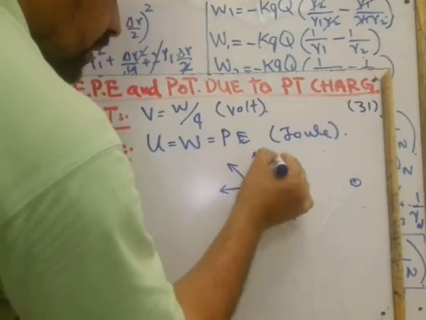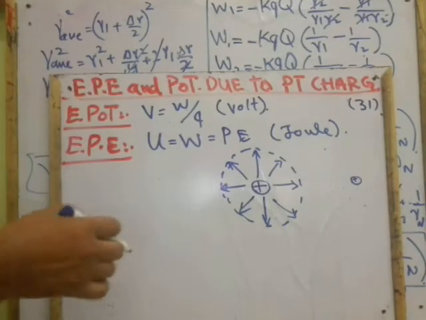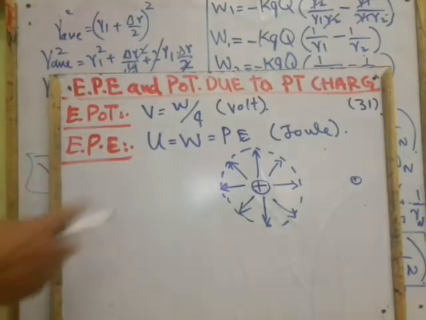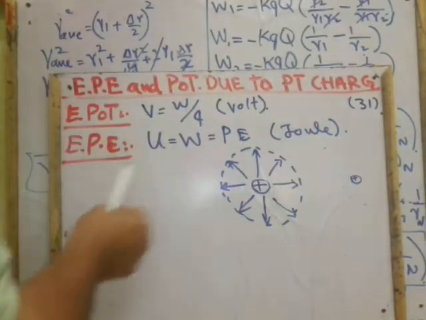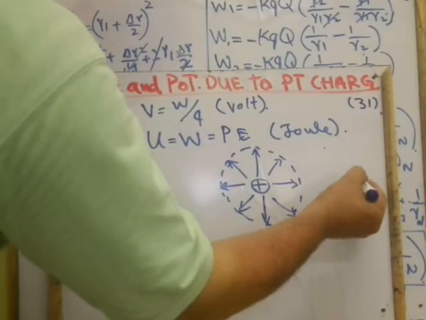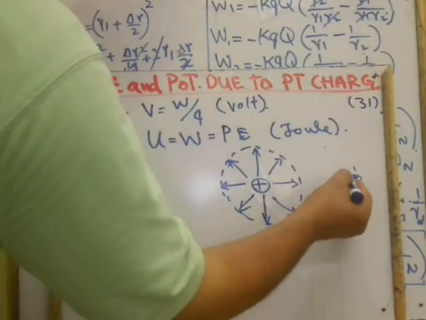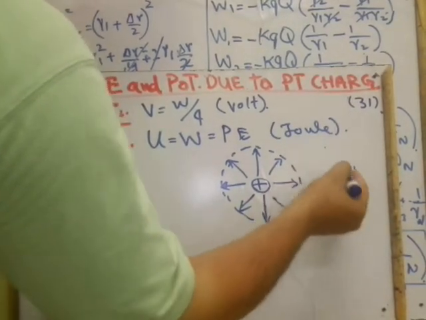We are going to find the electric potential due to a point charge. For this calculation, we take a test charge at point 1 initially and move it toward the source charge step by step.